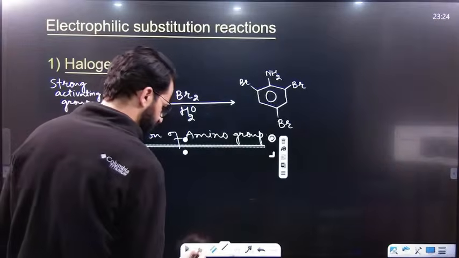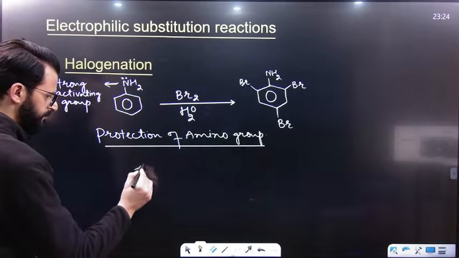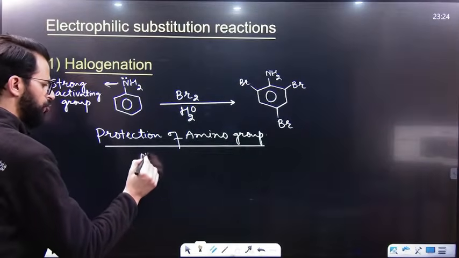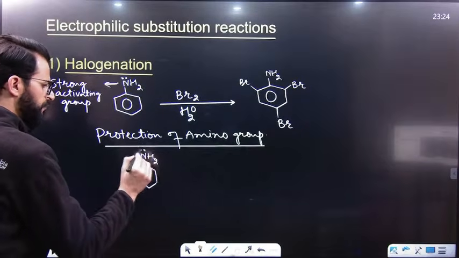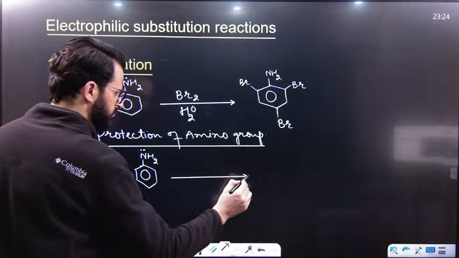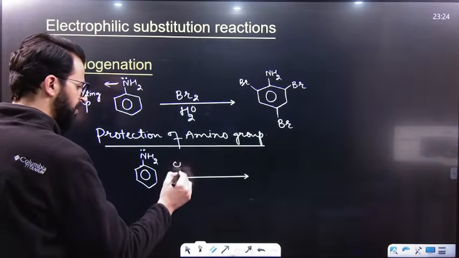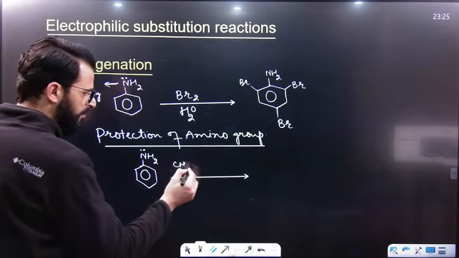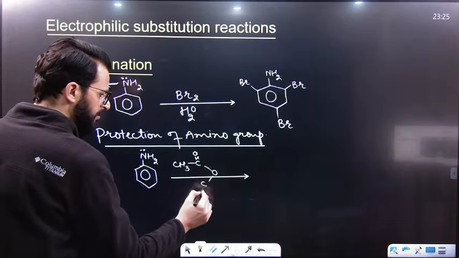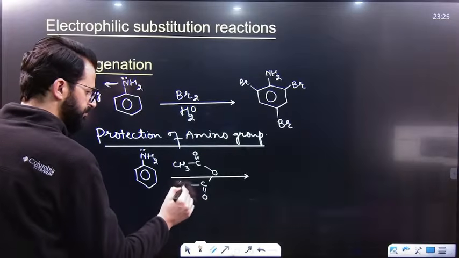Now, you have this NH2 group. We will simply do acetylation of this. Suppose I do acetylation, that means I replace this H by an acetyl group, and suppose acetylation is done by acetic anhydride.